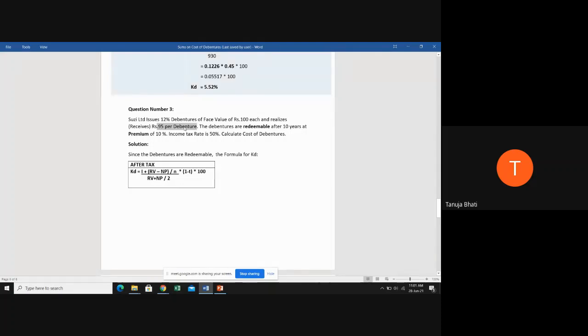That time you will not minus flotation cost, you will not minus expenses on issue. You minus expenses on issue at the start when you are issuing the debentures, but when you are repaying it, expenses on issue will not be minused. Understand the difference? Is this clear to everyone? Yes, ma'am. So there is a difference between net proceeds and redeemable value. Remember that.